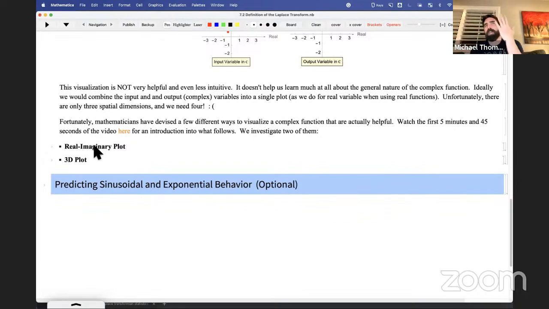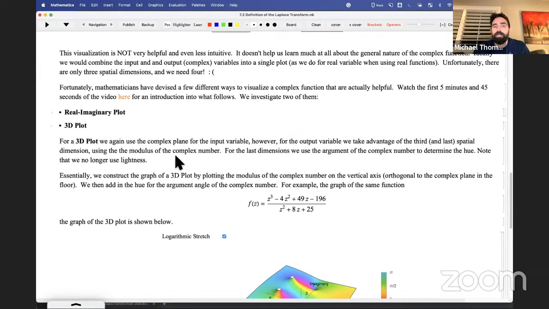And for the output variable, instead of using lightness and hue for the modulus and argument respectively, let's take one of them and make it spatial. Let's take the lightness part, which is the modulus, and make that spatial, and then we'll leave the hue as our 4th dimension. We're going to need that for the argument, so we have nothing left. So that's what we do here.